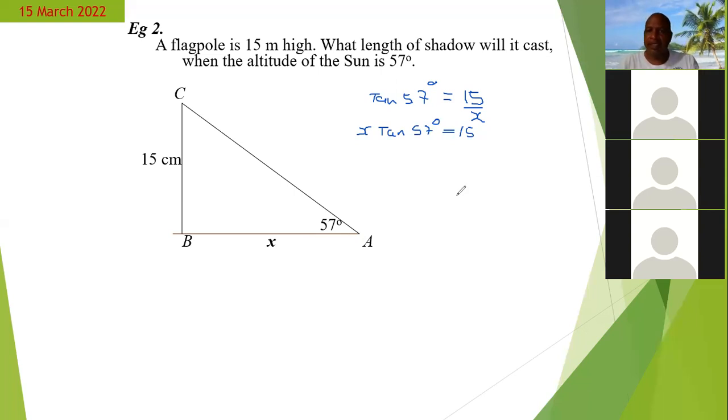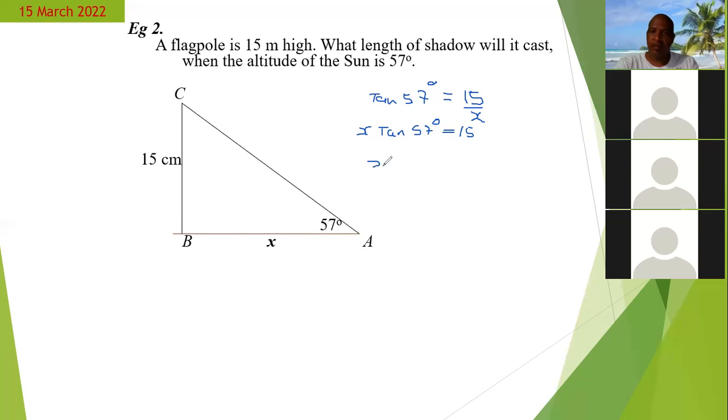X is the subject when it is by itself on one side of the equation. To the left, we have x times tan 57. So we need to get rid of that tan 57 from beside the x. The x is multiplying with the tan 57. So what are we going to do with tan 57? Find tan 57? Not yet. Do the transposing first. Move the tan 57 to the other side.